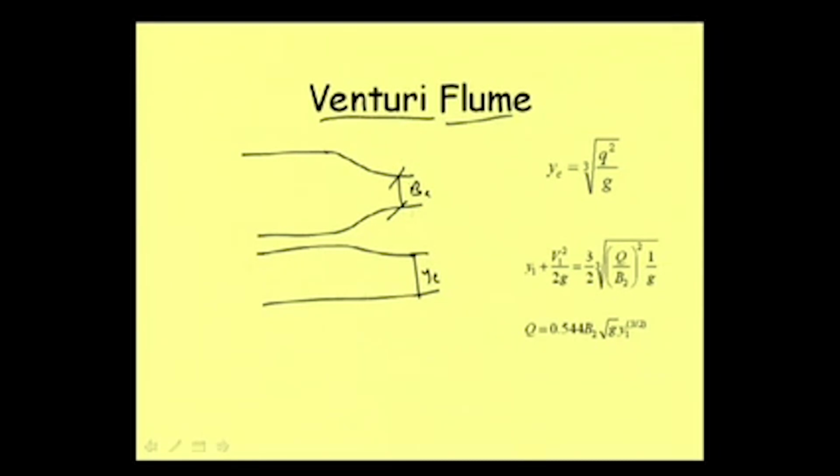Suppose we know this y1 and we narrow down this width sufficiently to form critical condition of flow at this narrow point. Now, once we are sure that it is critical flow, then we can find out the discharge based on the depth of flow at upstream.